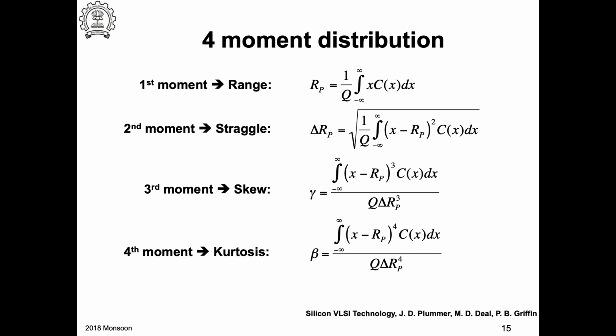Another parameter is what is called the kurtosis. These are defined, so we will not go into details here. Usually what they use is the 4-moment Pearson distribution. This is much more computationally efficient than doing Monte Carlo solutions.